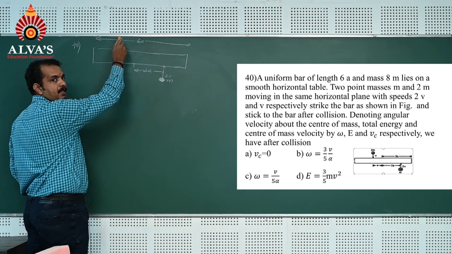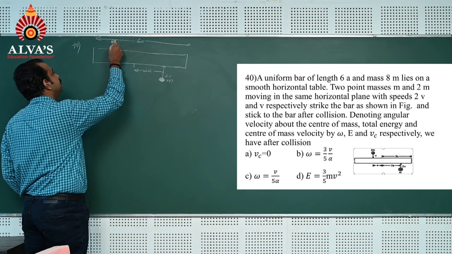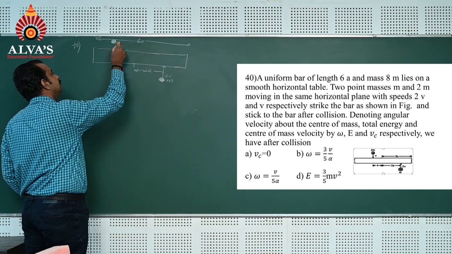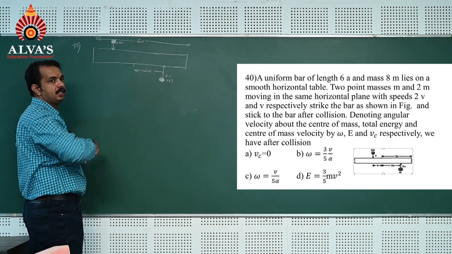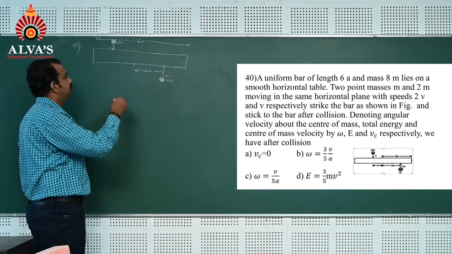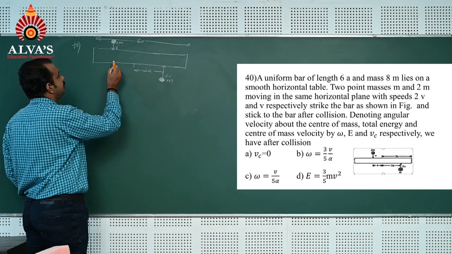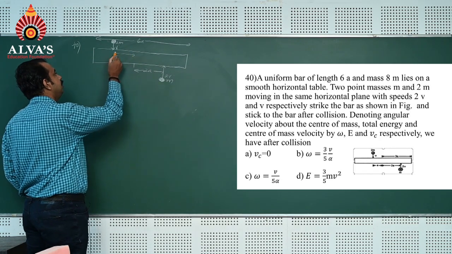At the other end, a mass 2m strikes the uniform bar with velocity v, at a distance a.